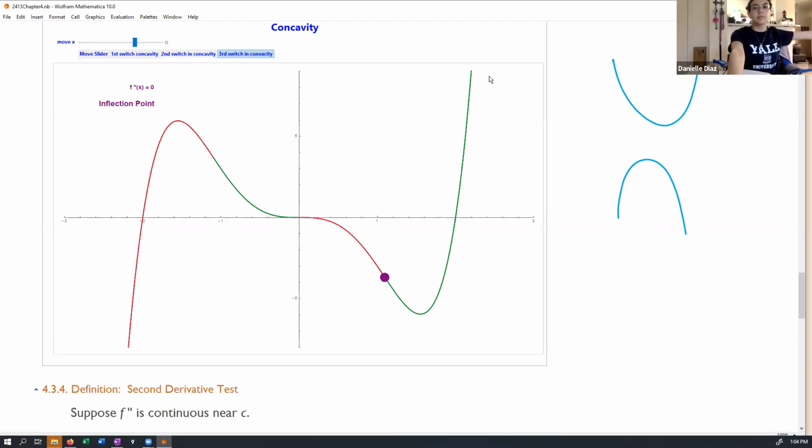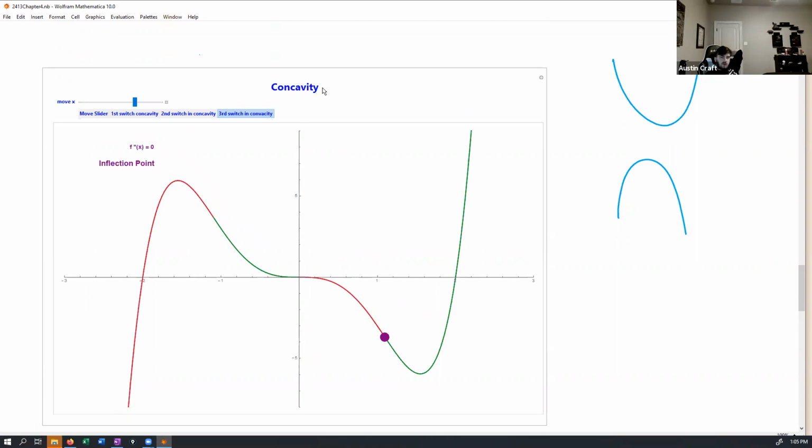Do you see that it has nothing to do with increasing and decreasing? Because on this red part, on the left side, we're increasing, right? The function is going up, and then it decreases. That has nothing to do with the frowning and smiling idea. The frowning and smiling is just this downward or upward shape that we have. So that is referred to as the concavity of the function.